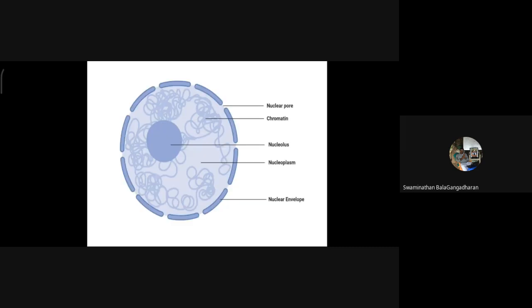So this is a detailed structure of the nucleus. You can see here the outer blue structure, having a gap in between, is the nuclear envelope or nuclear membrane. And why do they have a gap in between?